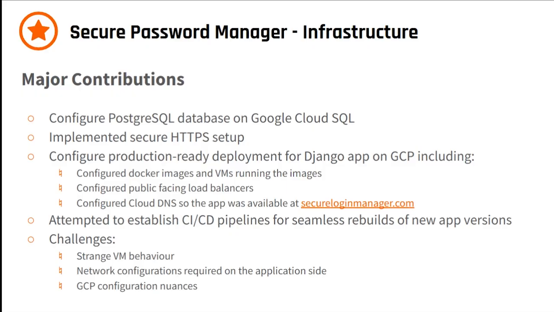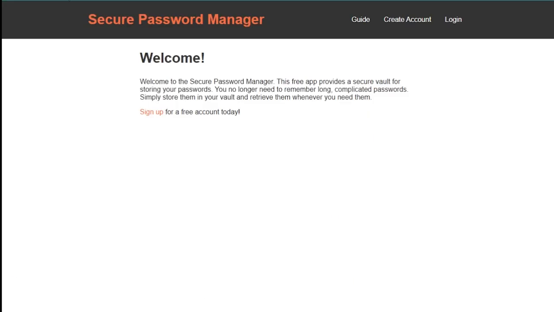There were some network configurations on the application side that I had to go into and fix. All these different nuances between the configuration on the app side versus the configuration on the GCP side took up the majority of my time on this project. And all of it was to make sure that when you went to secure login manager, our app was running.